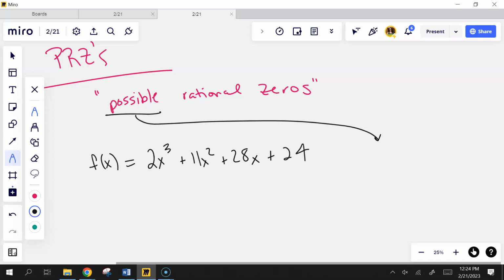These are possible. I keep stressing that. Possible. They may or may not be. I do plus or minus factors of the constant divided by factors of the leading coefficient. Y'all remember it now? Maybe when I see it, I will.